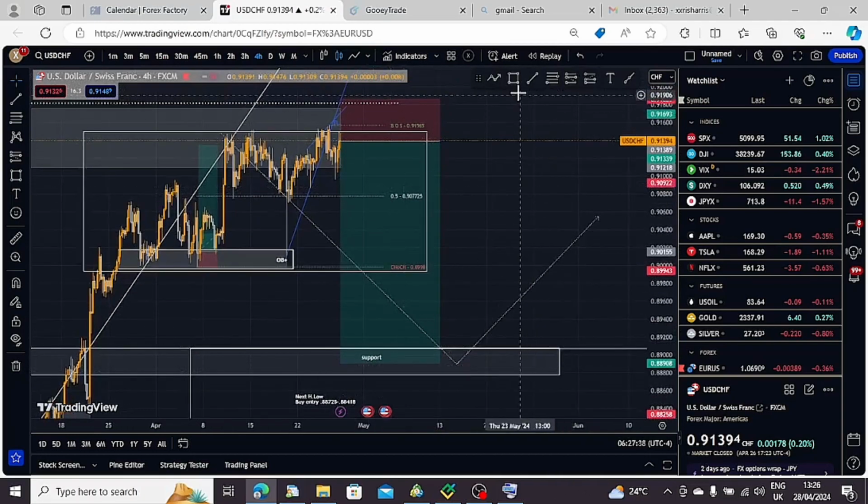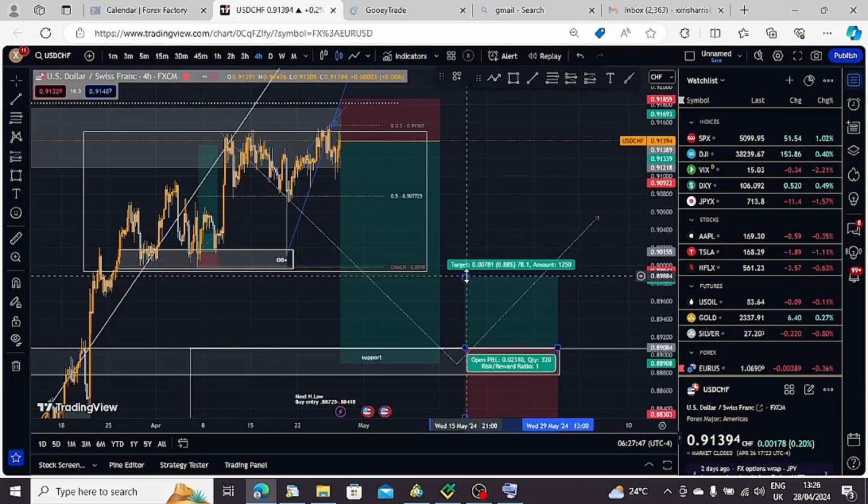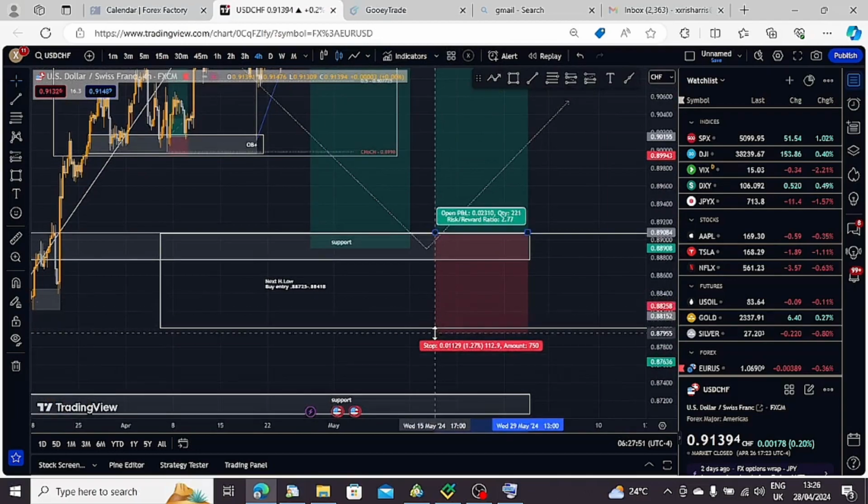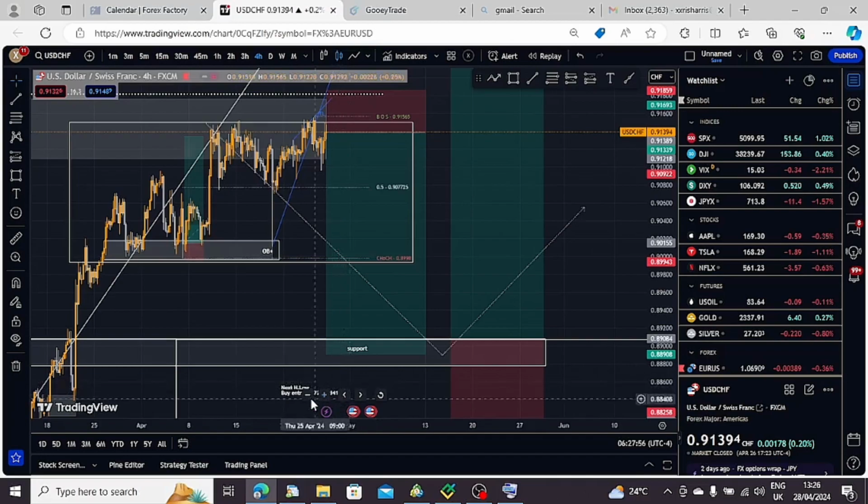Then once we're there at that support, I want to see some longs coming in around there, targeting the upside. Stop loss just below there. But yeah, so that's my analysis for this week.